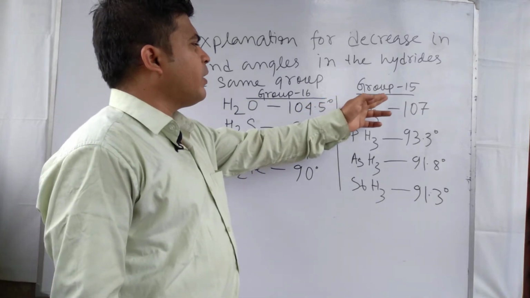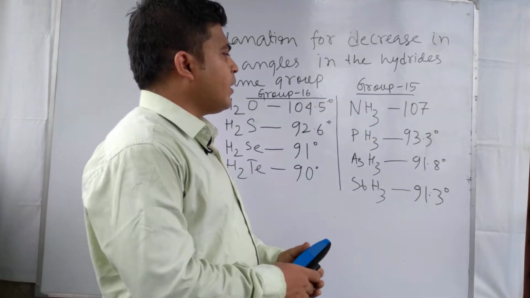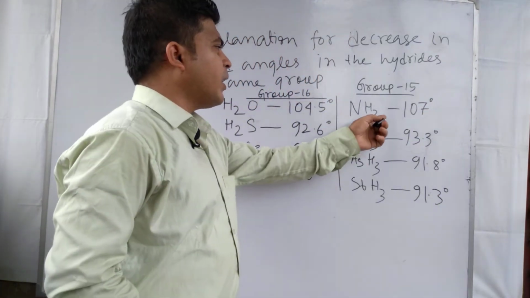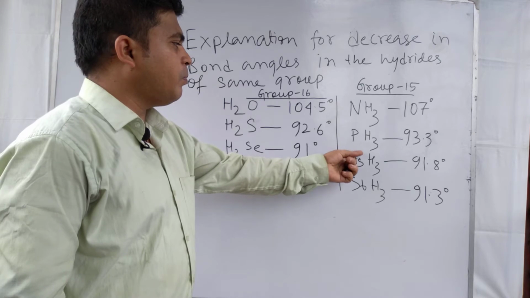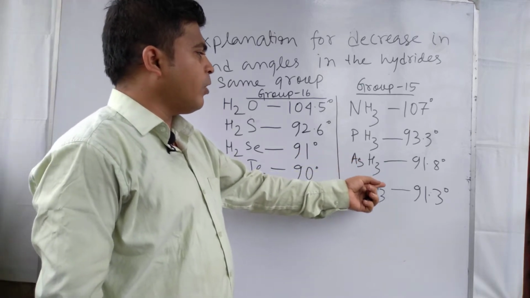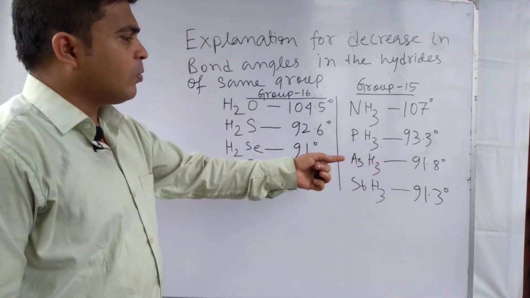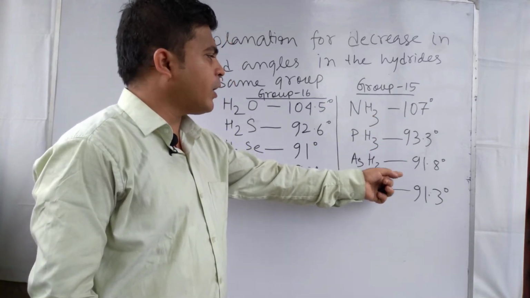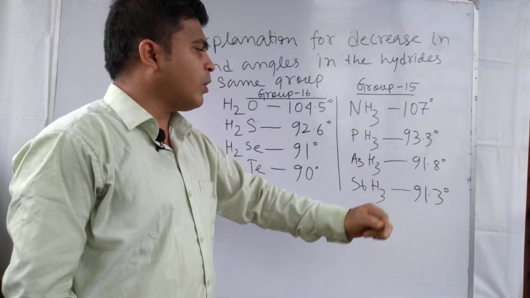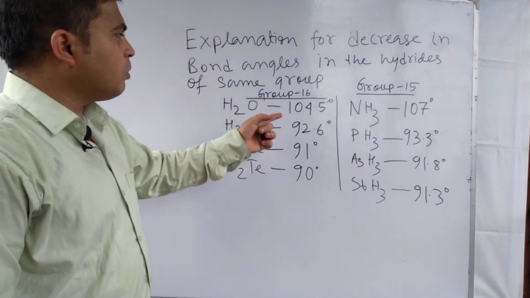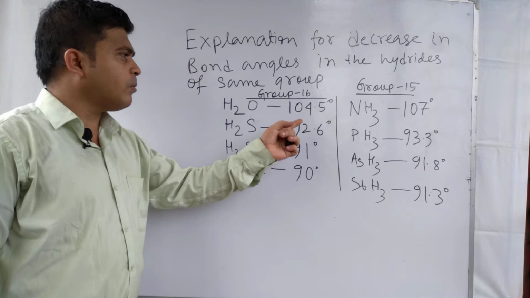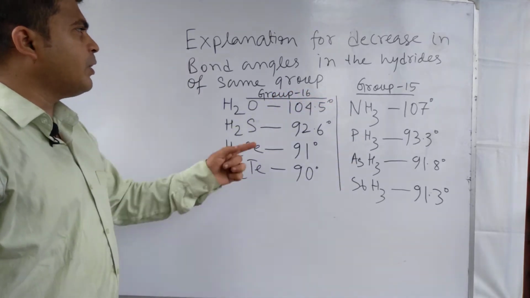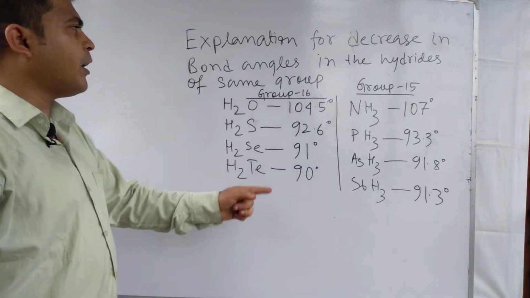For the group 15 hydrides, the bond angle is 107 degrees for ammonia, and for PH3 phosphine and arsine the bond angle decreases from 107 degrees to 93.3 degrees, 91.8 degrees and 91.3 degrees. So this is the observation for group 16 and group 15 elements, the decrease in bond angle for the hydrides.